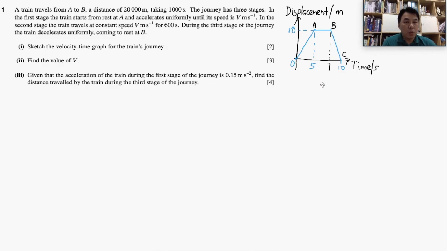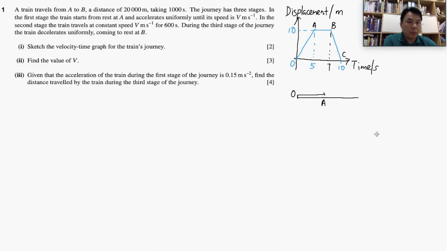Now, how does it look in the simplest physical world? I'll try to illustrate this with a simple diagram here. The object starts from O, and then it travels to A somewhere here.